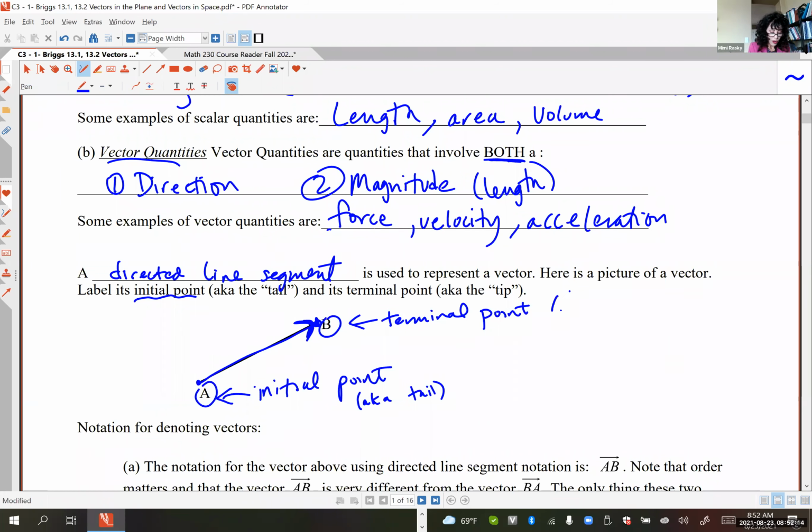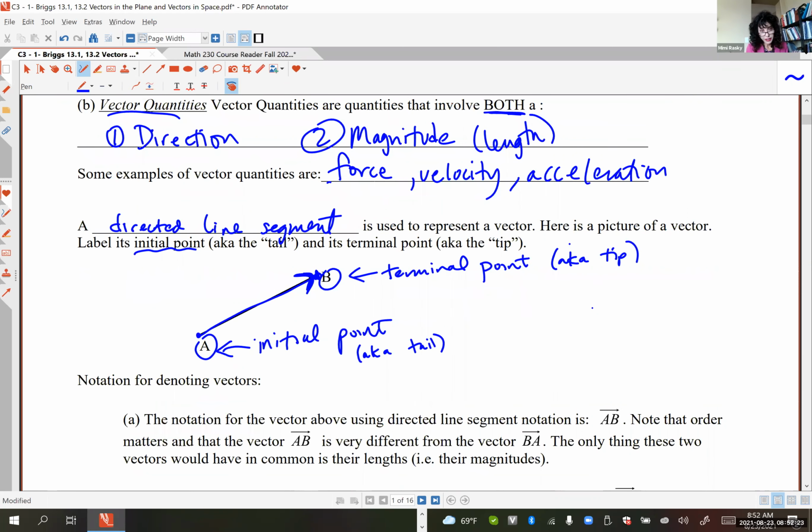Sometimes they call that the tip. So the tip is where the arrow is. Now, this vector that you're seeing here does have a direction. It looks like it's pointing a little bit to the right and up. And magnitude is its length. We'll talk a little bit more about this in a moment, but I just want you to get that the magnitude would be how long that vector is, how many units, the length.